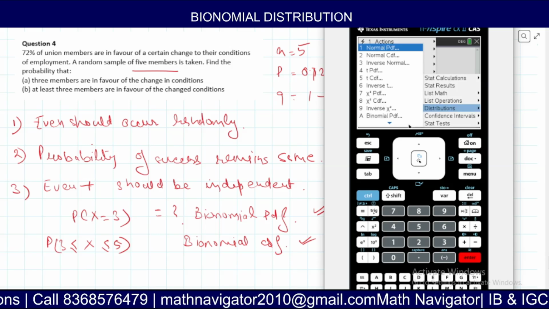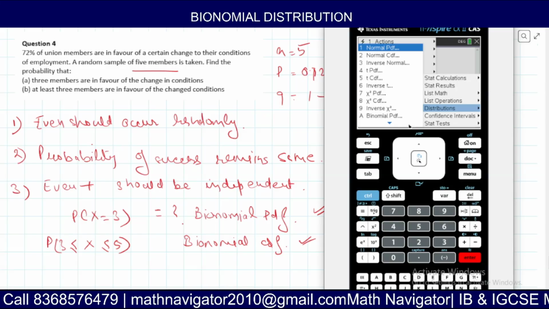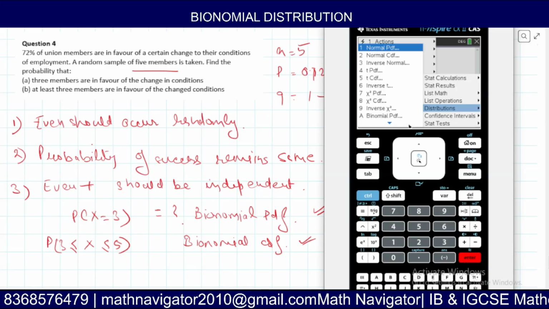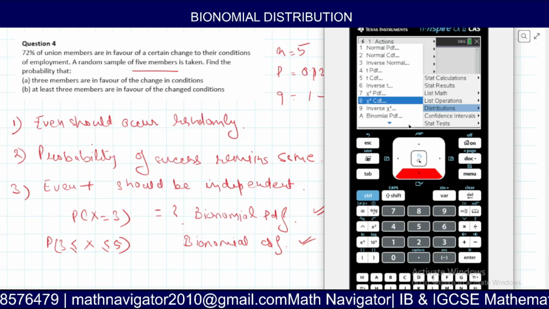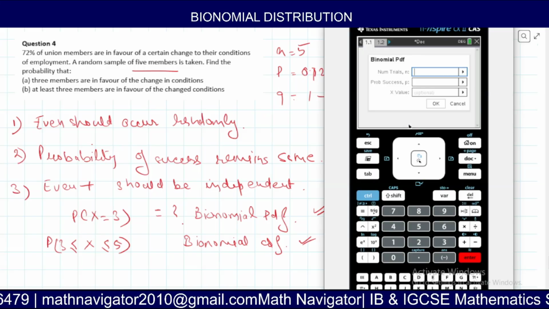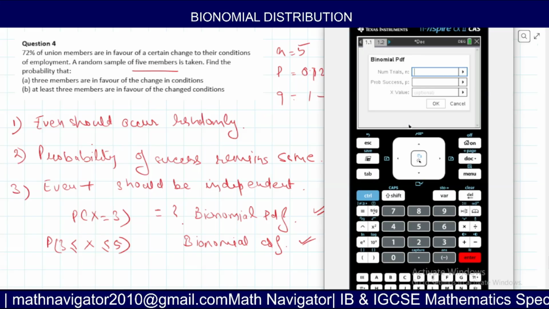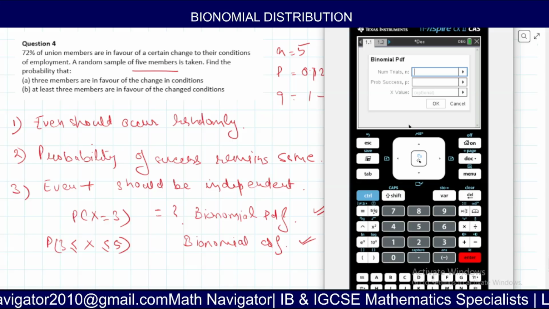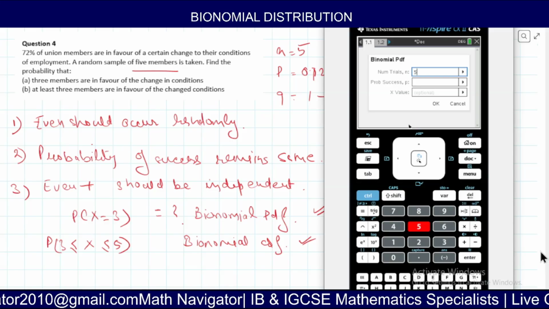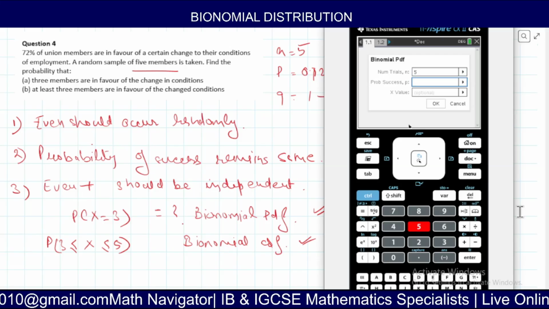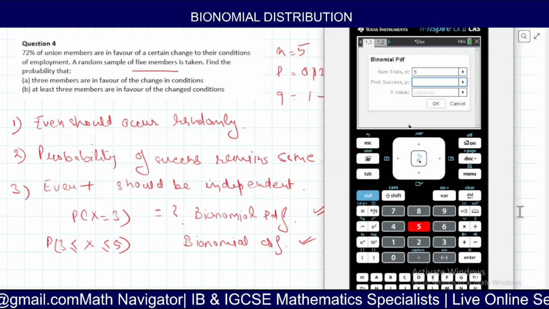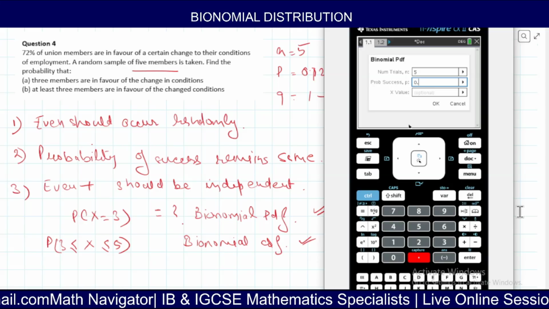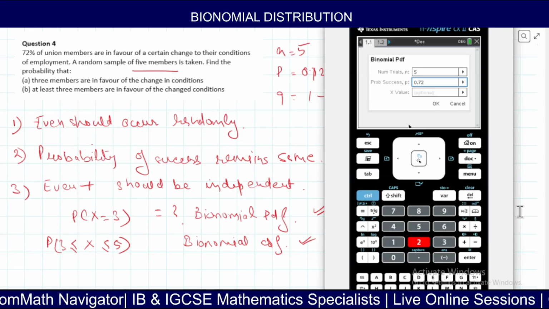Right. Then as you can see, normal PDF, normal CDF, like this. So you have to go to binomial PDF for the first one. Binomial PDF. Number of trials. How much is my number of trials? Which is 5. And probability of success is 0.72. Got it?